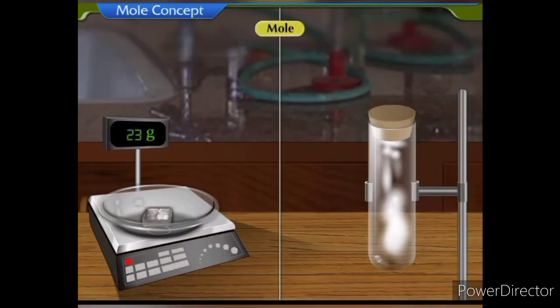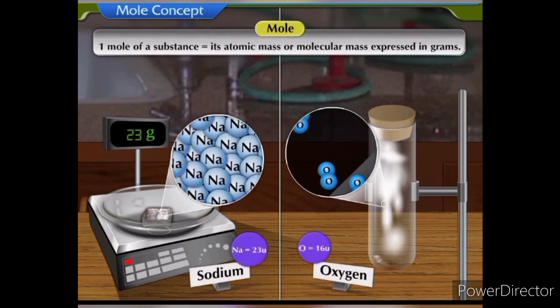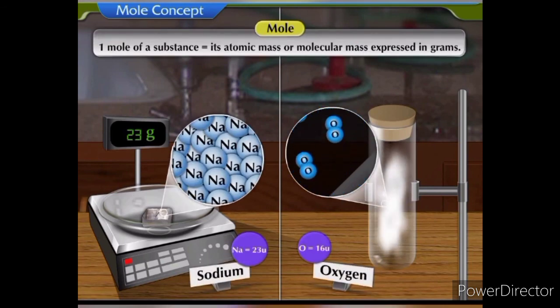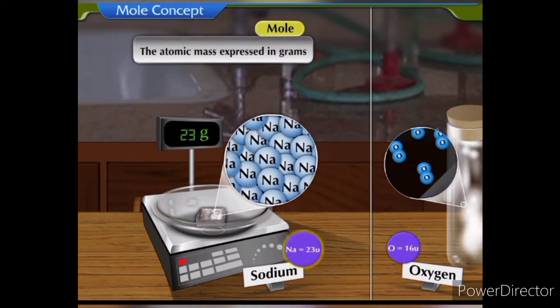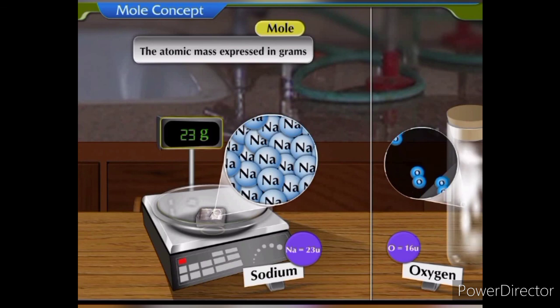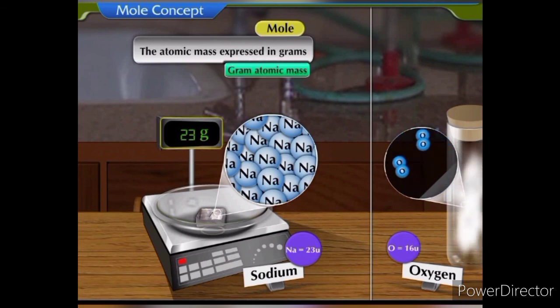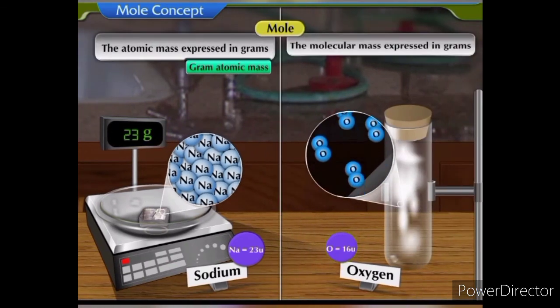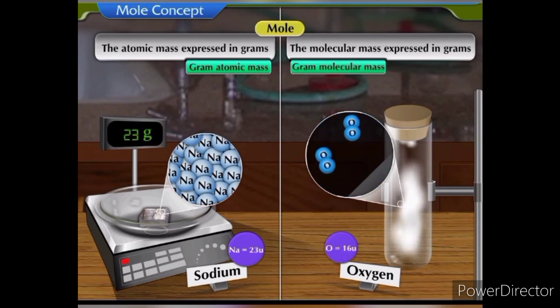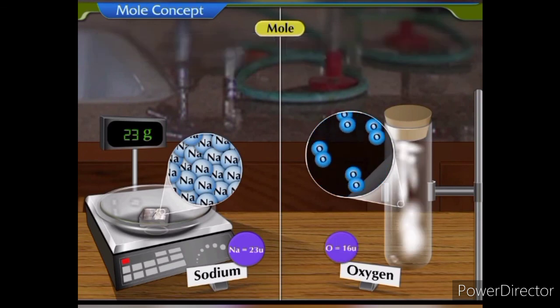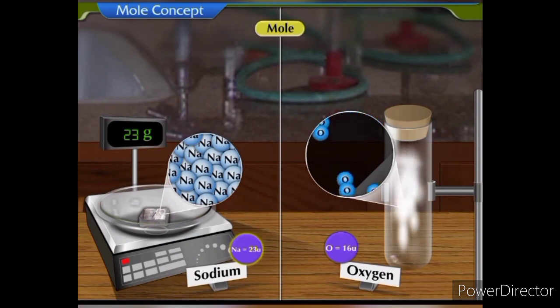Let us define a mole. 1 mole of a substance is equal to its atomic mass or molecular mass expressed in grams. The atomic mass expressed in grams is the gram atomic mass. The molecular mass expressed in grams is the gram molecular mass. The atomic mass of sodium is 23 grams.